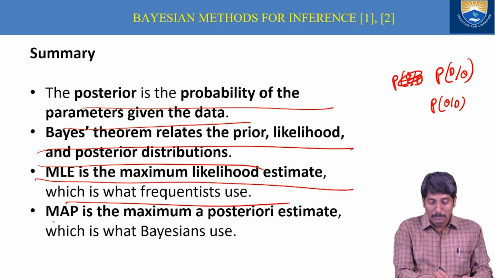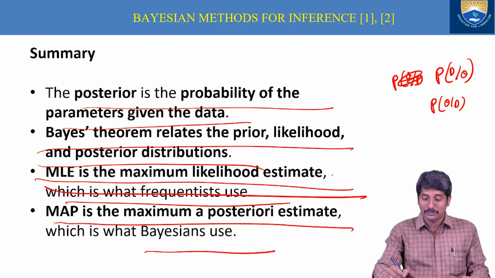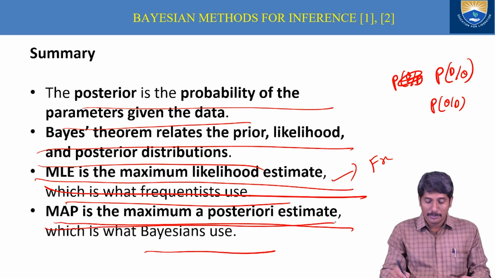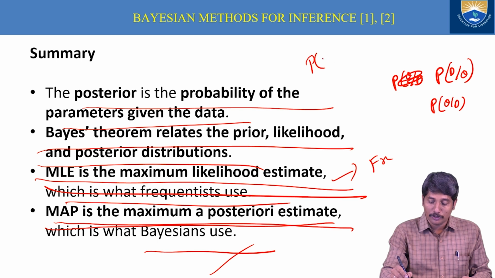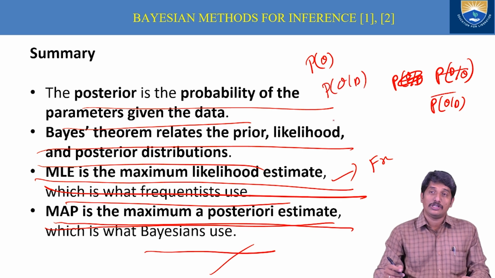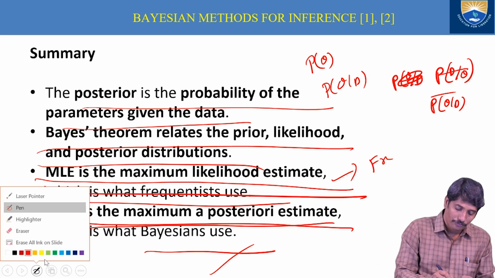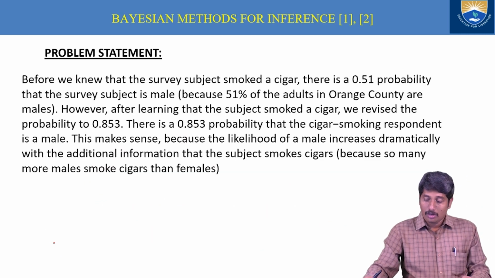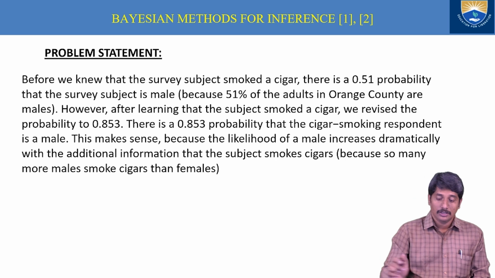MAP means maximum a posteriori estimate, which is the Bayesian estimate. MLE means maximum likelihood estimate, which is frequentist, and MAP is the maximum a posteriori estimate, which is Bayesian. In the prior we just write P of theta, but in the posterior we write theta given d, because we have additional information of data, that is d. Now we will see one problem to understand the Bayesian approach and we will close our discussion.